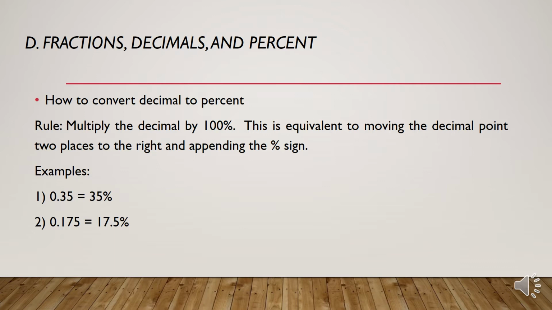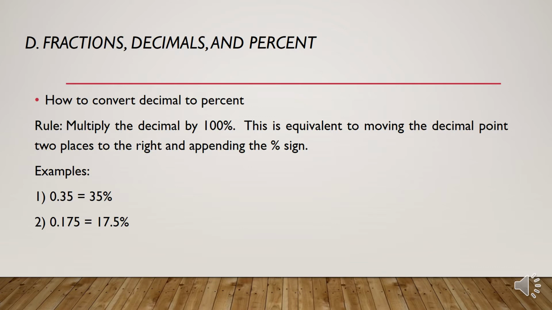So 0.35 multiplied by 100, the answer is 35%. Or if it seems too hard for you to multiply, just move the decimal point 2 places to the right and then write the percent sign.